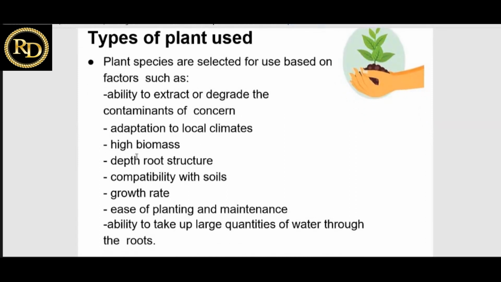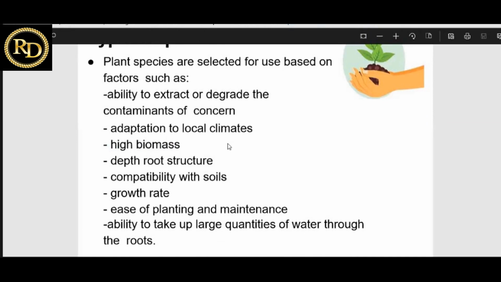Now, one thing we should always care about at the time of the selection of the plant, it must have high biomass. If they have very good biomass, then definitely their absorption capacity, their retention capacity is very high. I would like to tell you one example, especially in the case of the aquatic system. There is one weed called water hyacinth.